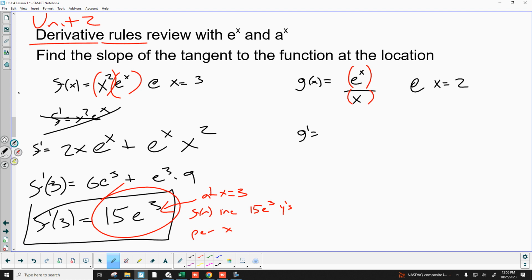So the derivative of the top times the bottom, and then minus the derivative of the bottom times the top, divided by the bottom. It is the derivative of the top times the bottom minus the derivative of the bottom times the top all over the bottom squared, not the derivative of the bottom squared.